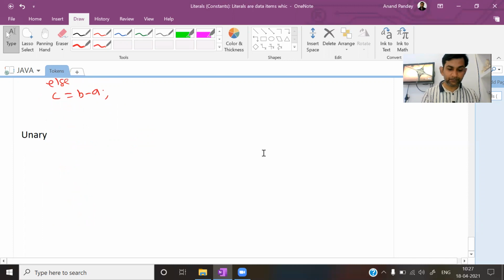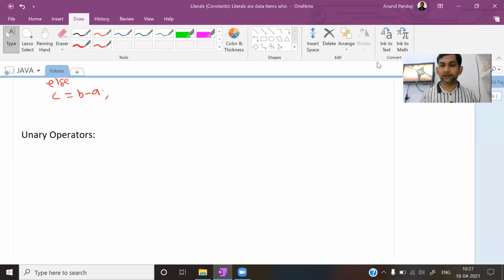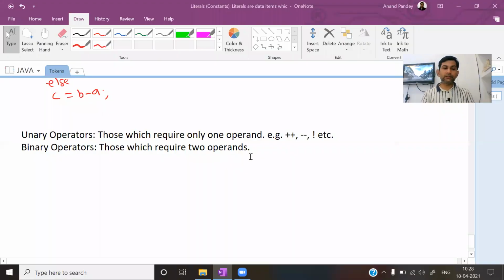Unary operators, as I told, unary operators are those which require only one operand. So you can see I have written here unary operators and binary operators.